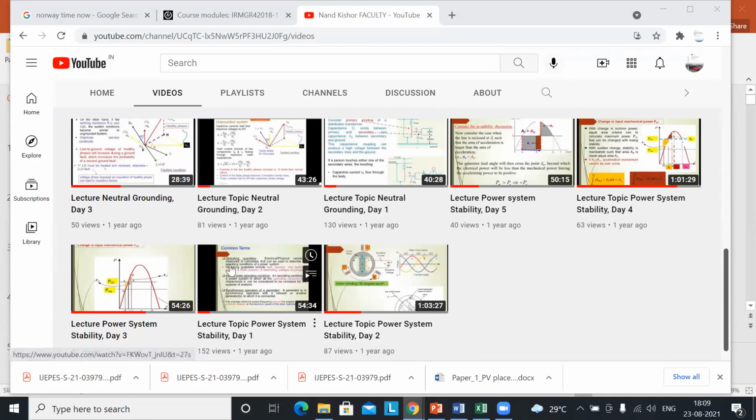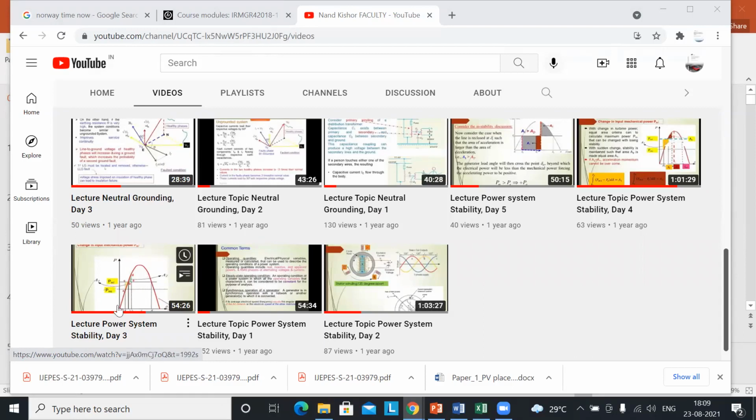I start with what is stability, what is the definition, and then I give some introduction, because stability refers to the generator dynamics, synchronous generator dynamics. So here I have some illustration about the generator angles. And then how you analyze the stability.